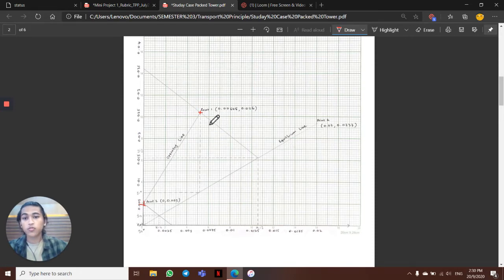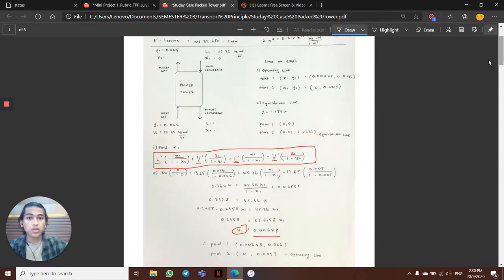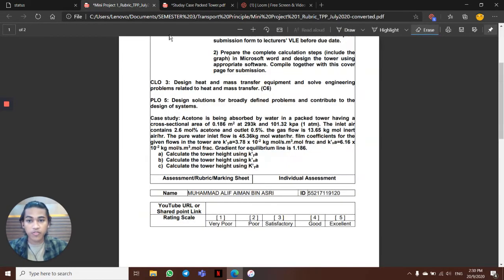From these 2 points, we can make one line which is called the operating line. To build another line, which is the equilibrium line, we must use the gradient that has been given in the question, which is that the gradient for the equilibrium line is 1.186.